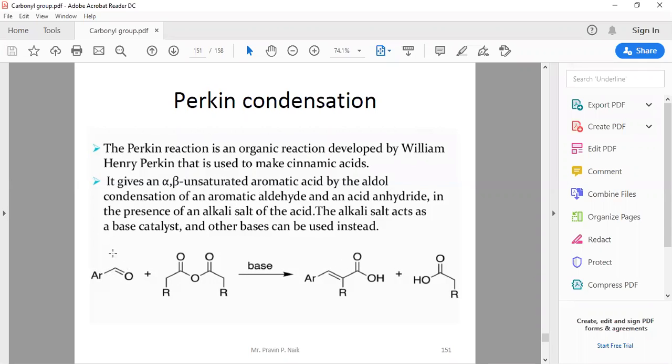When you react it with an aromatic aldehyde, and this is your acetic anhydride in presence of base, this is going to undergo aldol condensation. So base is going to abstract the proton, and then condensation occurs.